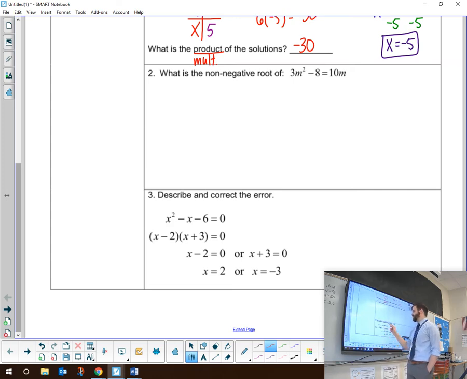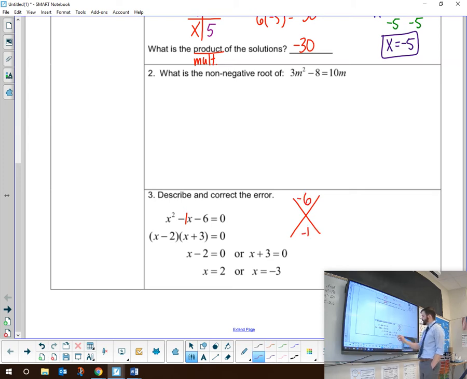Well, we have x minus 2, x plus 3. It looks good. Negative 2 times 3 is negative 6. X times x is x squared. However, we have that negative 1 right there, right? So if I were to do my x again, look, we have a negative 6 on top, a negative 1 on bottom.